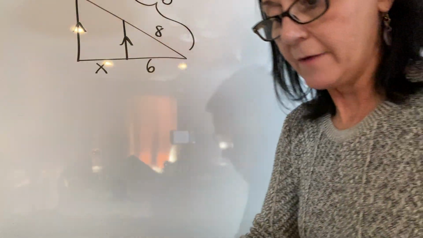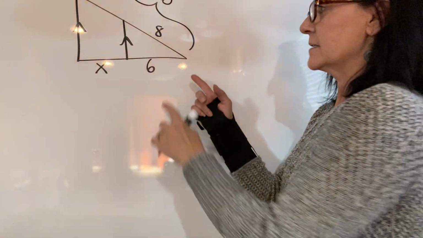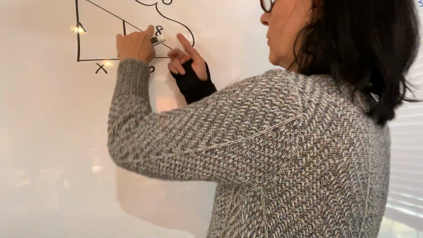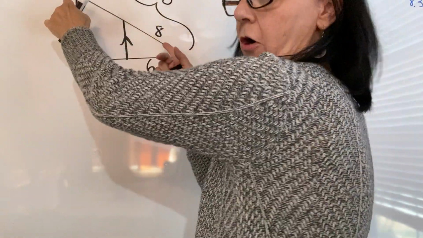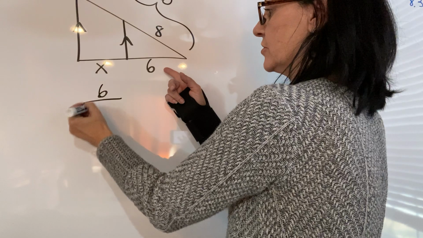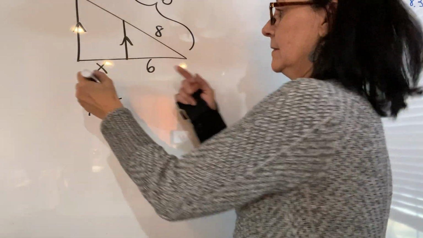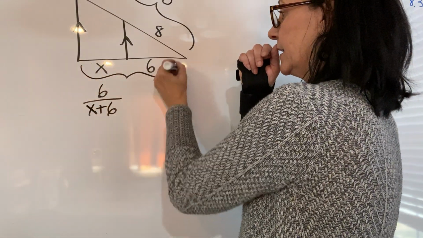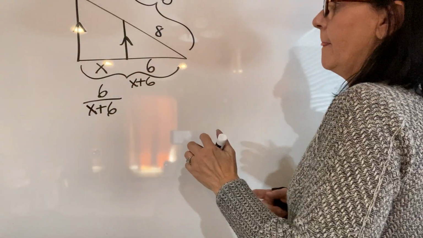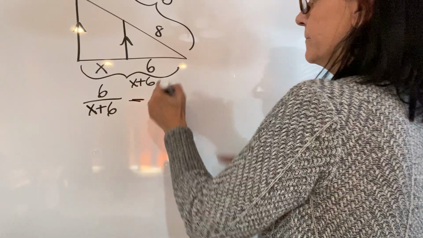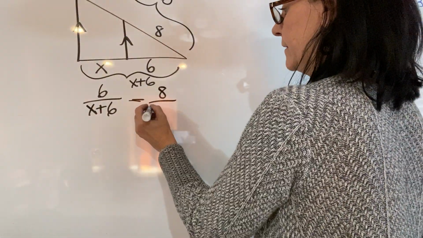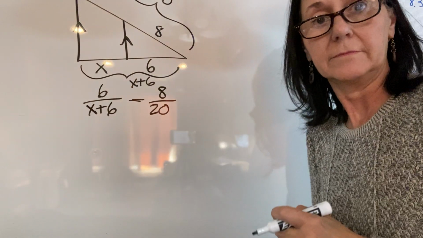Now my ratio is going to be the piece over the whole equals that piece over the whole. So it's going to be 6 over, I have to add those two, x plus 6. The entire length is x plus 6, equals the piece 8 over the entire length 20.